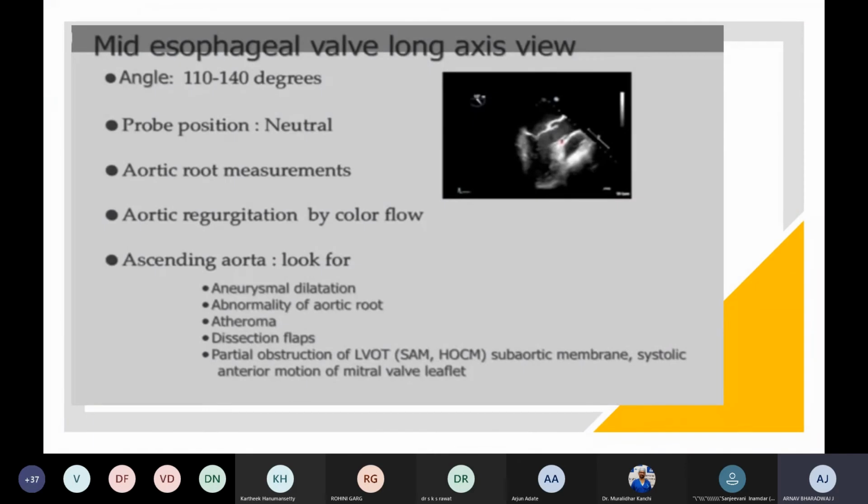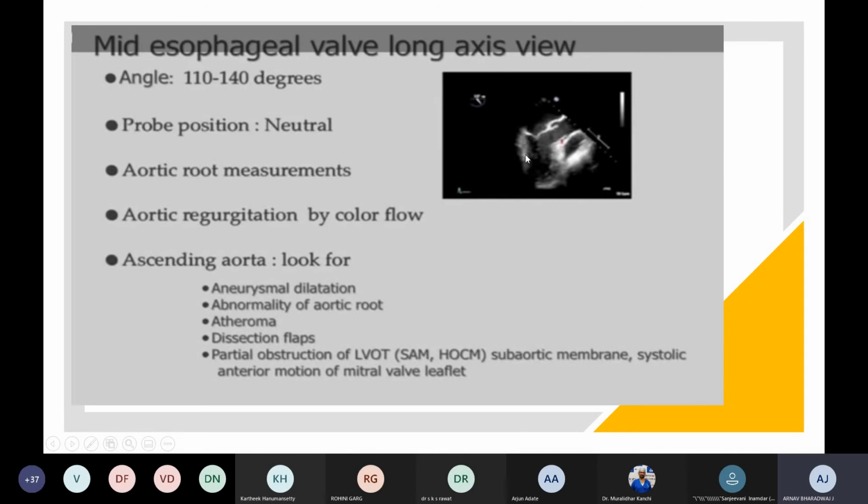Next is the mid-esophageal aortic valve long axis view, which is obtained at the same level by turning the probe about 90 degrees from the initial view. The probe position is neutral, and here we can do aortic root measurements, assess the aortic regurgitation by color flow Doppler, and we can see certain abnormalities like aortic aneurysm, dissection flap if it is there, atheroma in the ascending aorta, and we can see the hypertrophy of the interventricular septum, that is hypertrophic obstructive cardiomyopathy, systolic anterior motion of the mitral leaflet, and subvalvular subaortic membrane, anything.